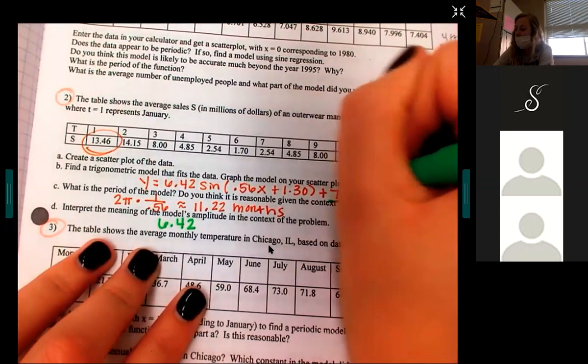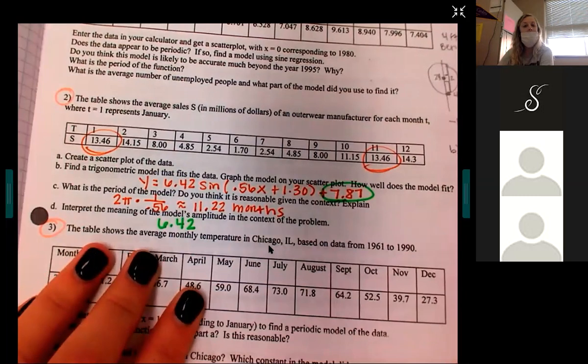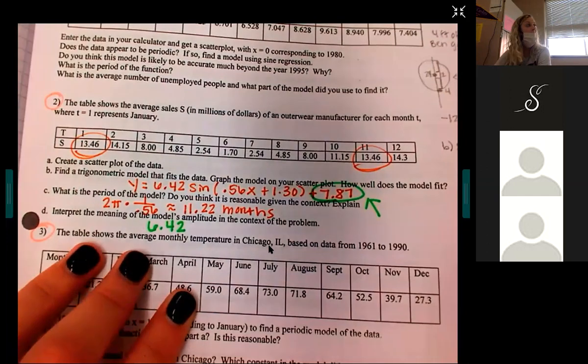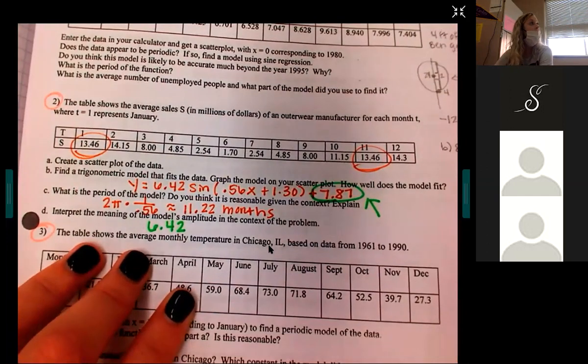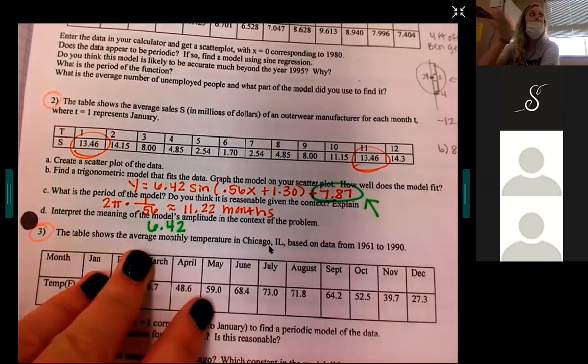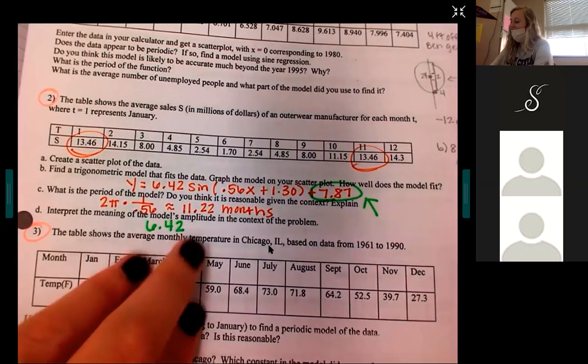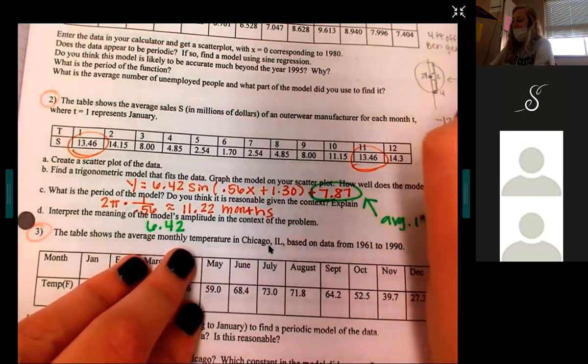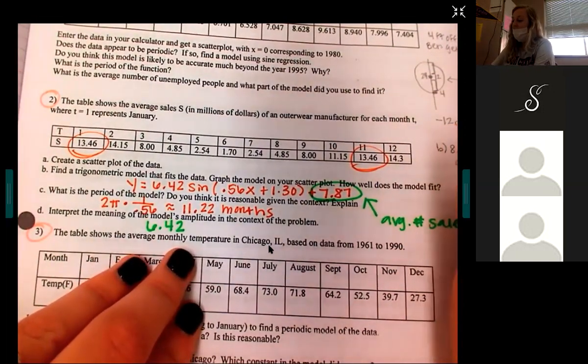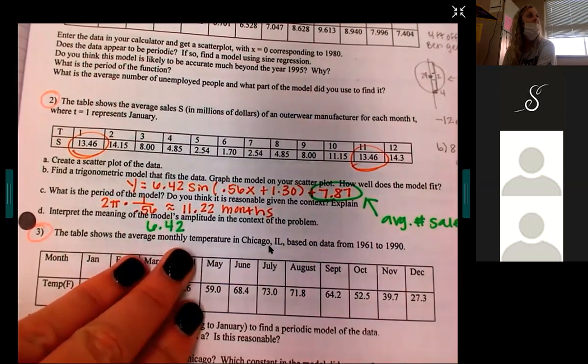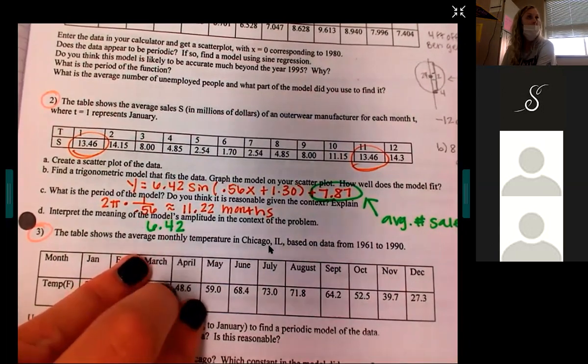Look at your midline, everybody. 7.87. That means that is the middle number of sales, or what do we call something that's in the middle? The real word for it in the real world. The average, KJ's feeling it. Good job. The average number of sales is 7.87 millions of dollars, right?